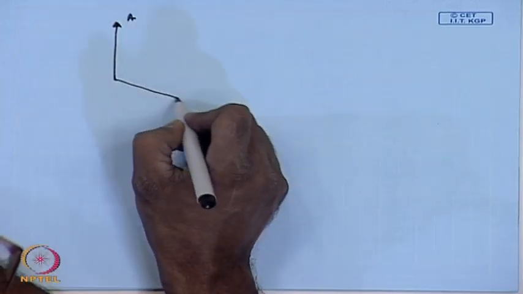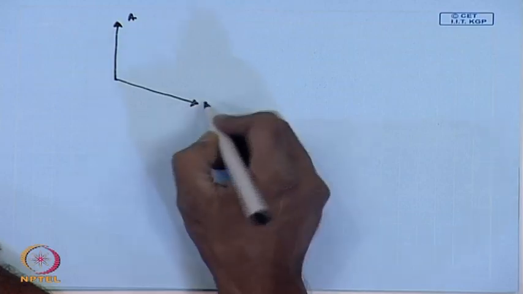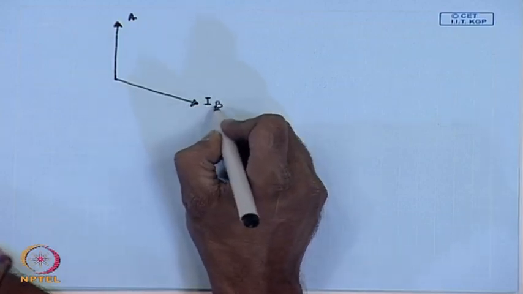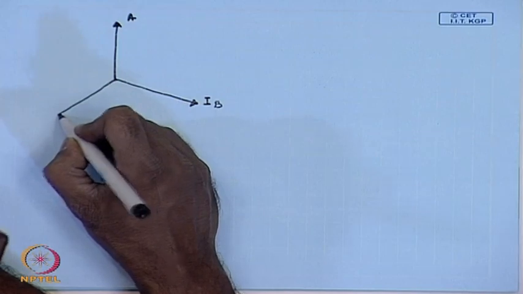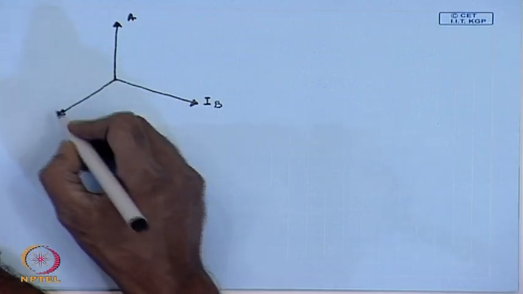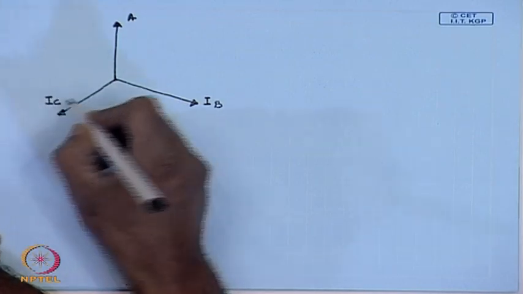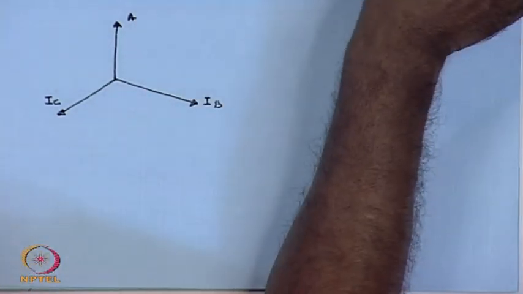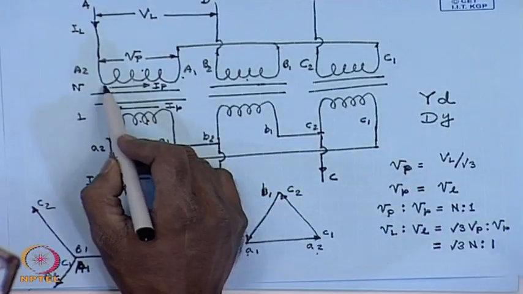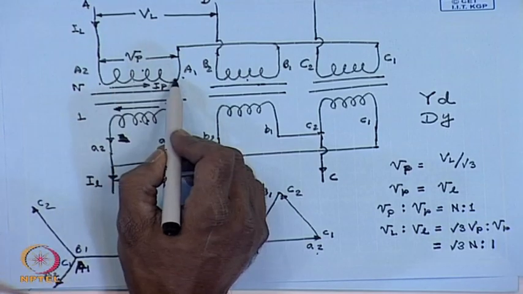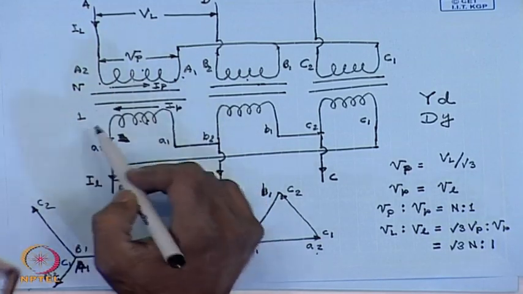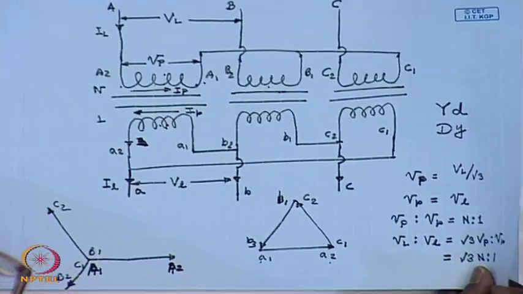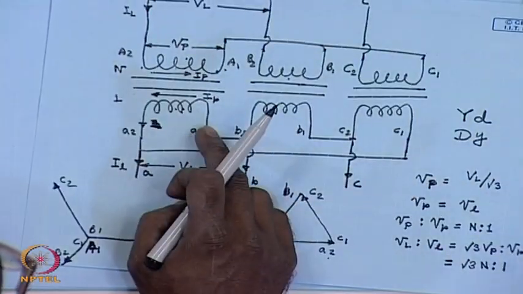This is I B and this is I C. Now, this I A is same as the current flowing from A2 to A1. So, this will be in phase with the current flowing from A1 to A2.